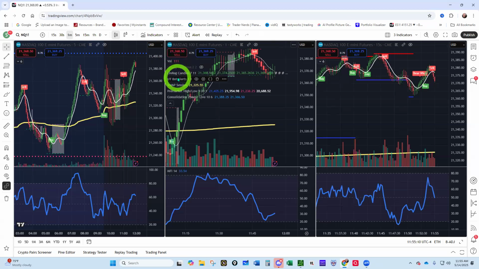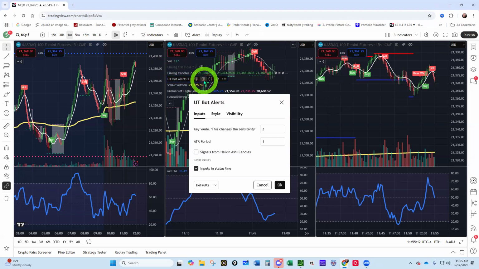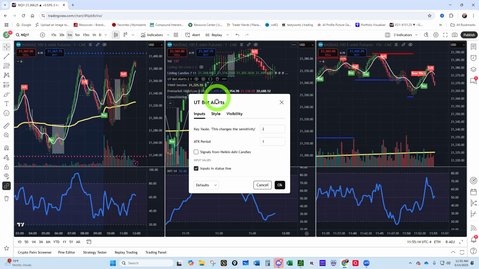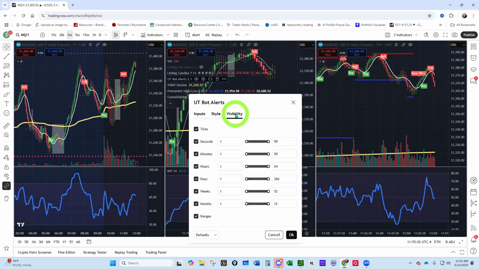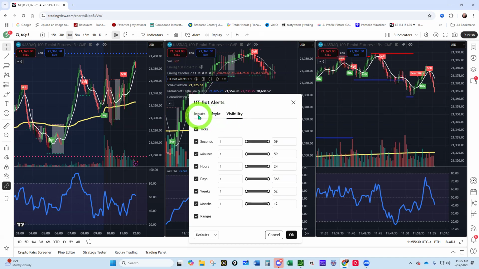Let's say UT Bot settings, style, buy, sell, bar color. Maybe it's the other, maybe it's the linear regression that has the white lines on it.